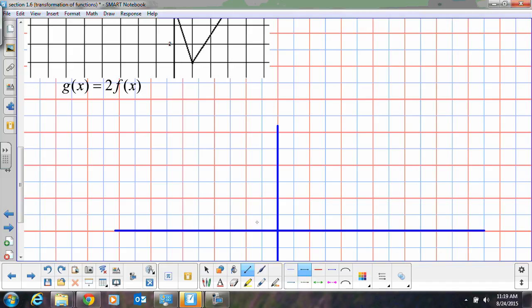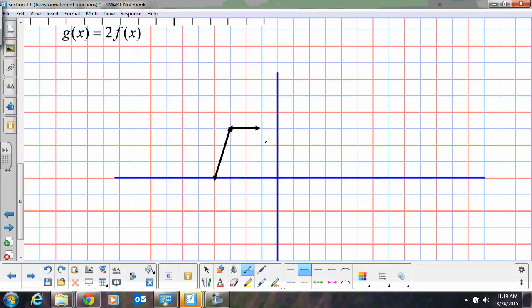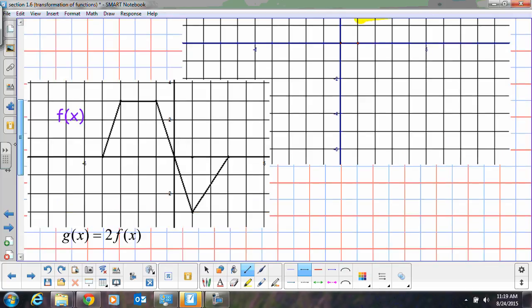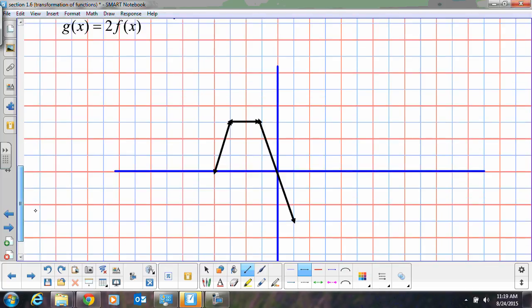So I think what we're going to do is we're going to go over 4, then up 3 here, and over 2. Okay, and then we're going to go down through the origin, down to 3, and then up where? Here or here? 1, 2, 3. Okay. So we're going to go over 3. Are you good? Are we good?